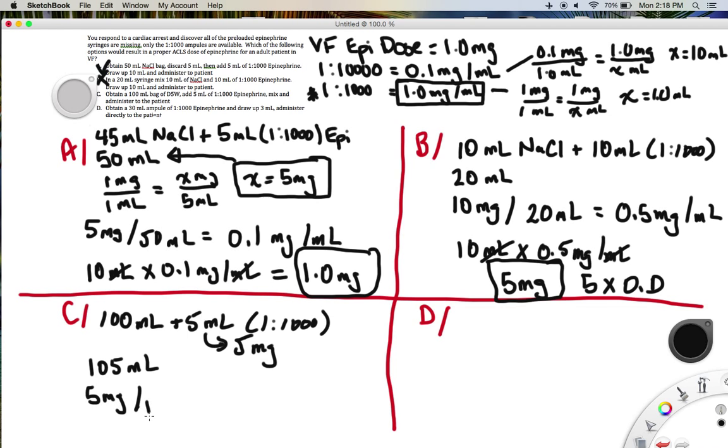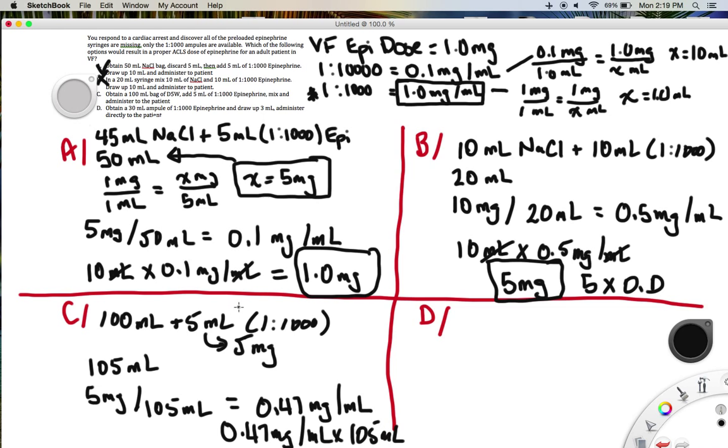So we take 5 milligrams divided by 105 mils, and we get roughly 0.047 milligrams per mil. Now, this doesn't actually even tell us how much we're giving. By the way the distractor reads here, I would assume we're giving the whole volume, which would be 105. So that times 105, well, it's just going to give us back the 5 milligrams. So we're going to be giving 5 milligrams of drug. So overdose.